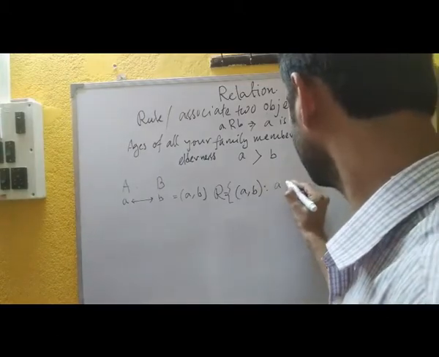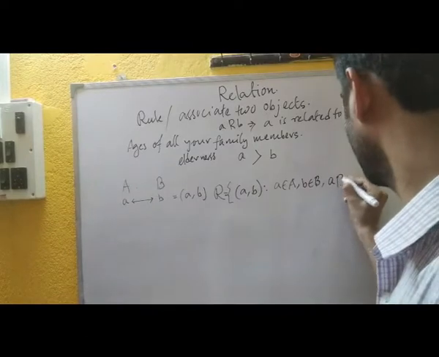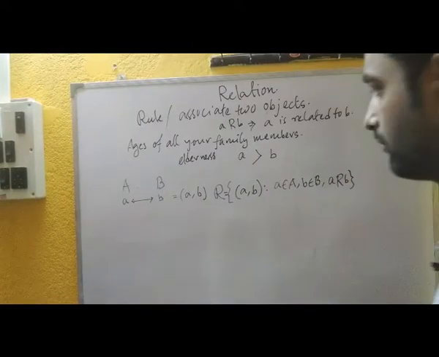So we write it like this: a belongs to capital A and b belongs to capital B, and there is some relation between a and b.